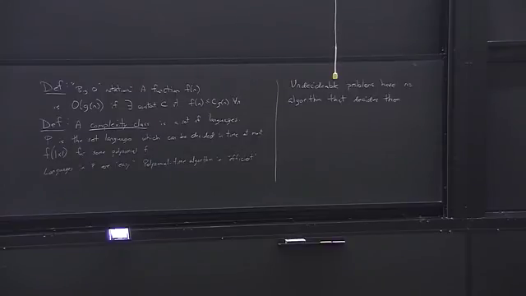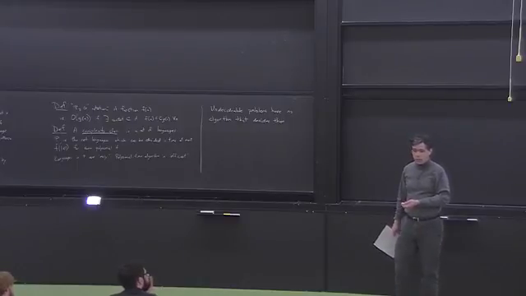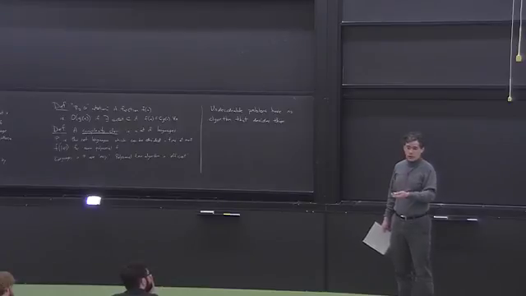So the halting problem says, I give you a description of a computer program, the code for it, and I'll give you an input, and I want to know, does this program running on this input ever halt? Okay? So the question, does it halt after 10,000 steps? That's a decidable problem. I just run the program for 10,000 steps, and then I'll see whether it's halted or not. But the question of, does it ever halt?